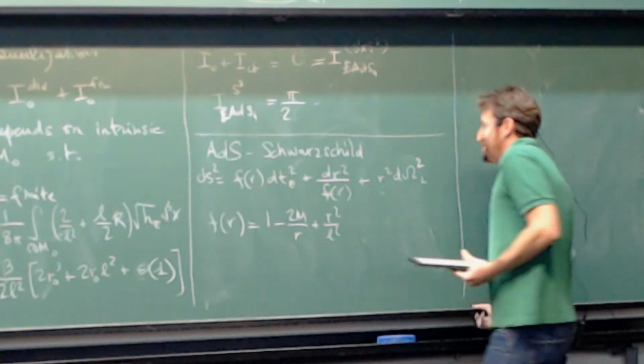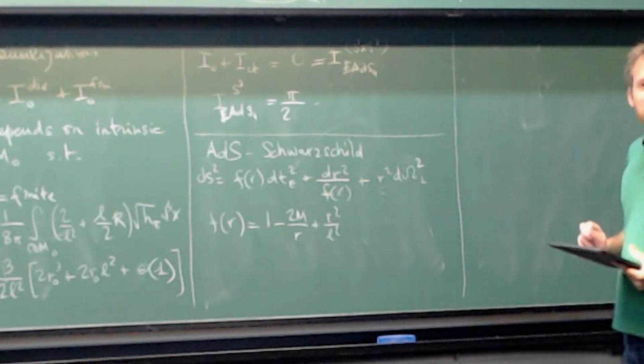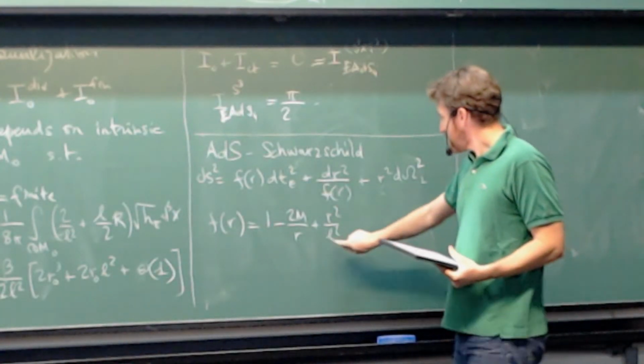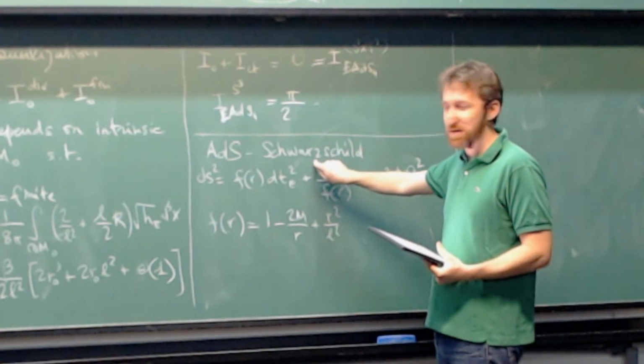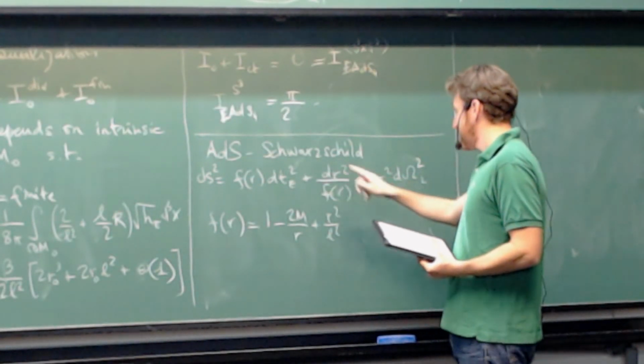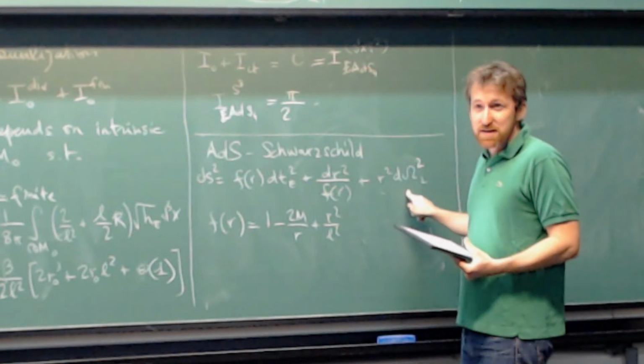Okay, so what can you observe of this geometry? First, when you take L to infinity, it goes to Schwarzschild, hence its name. It's a static space. It's spherically symmetric.